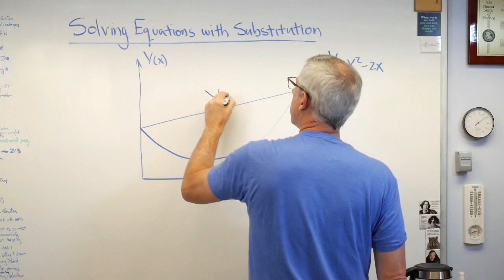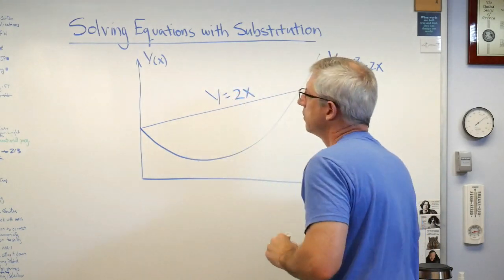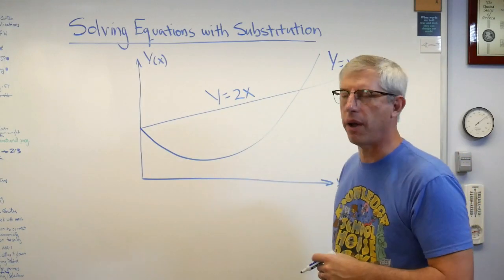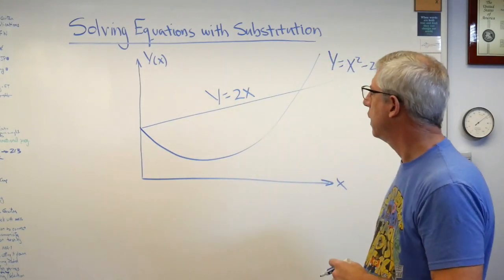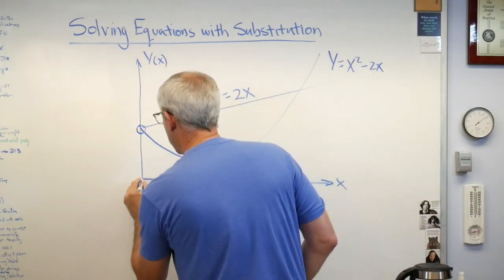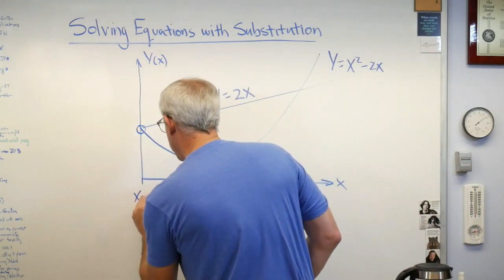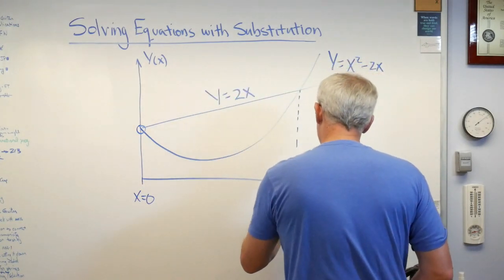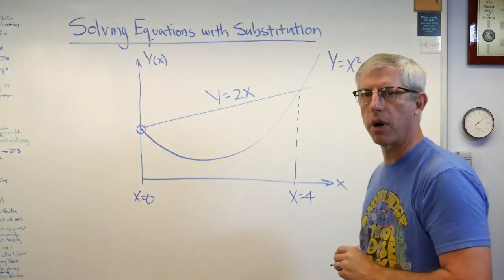That's y equals 2x. Now it's not proportional here. I don't quite have equal spacing in x and y. Right there, that's x equals 0. Right there is x equals 4.